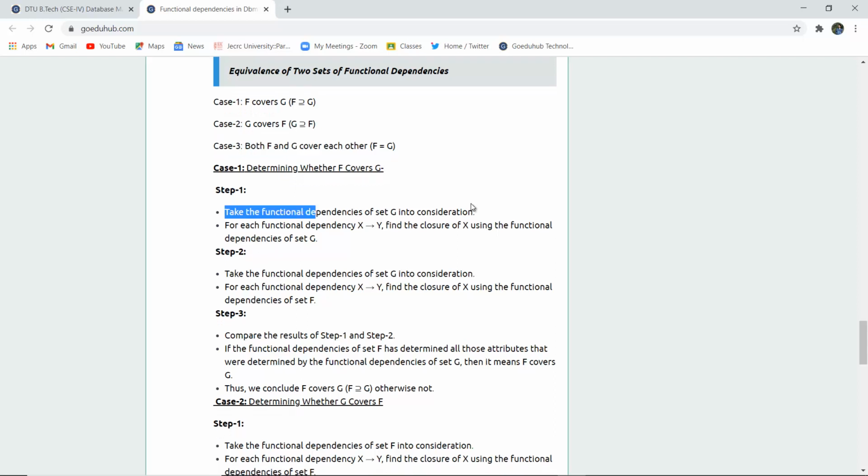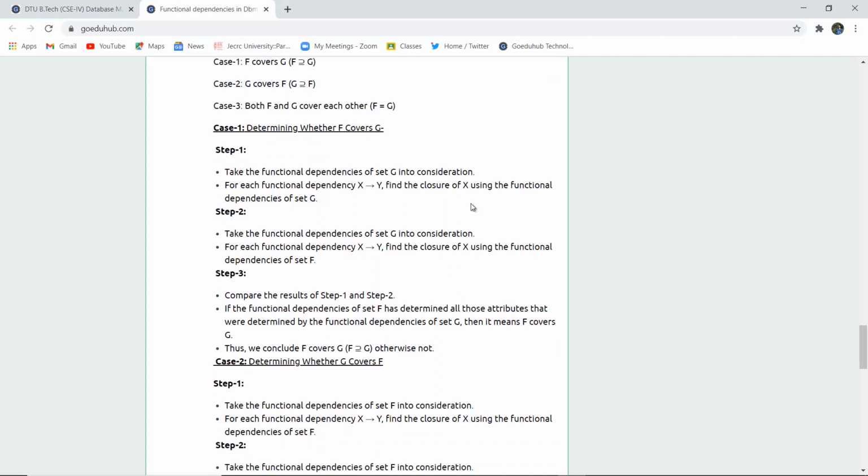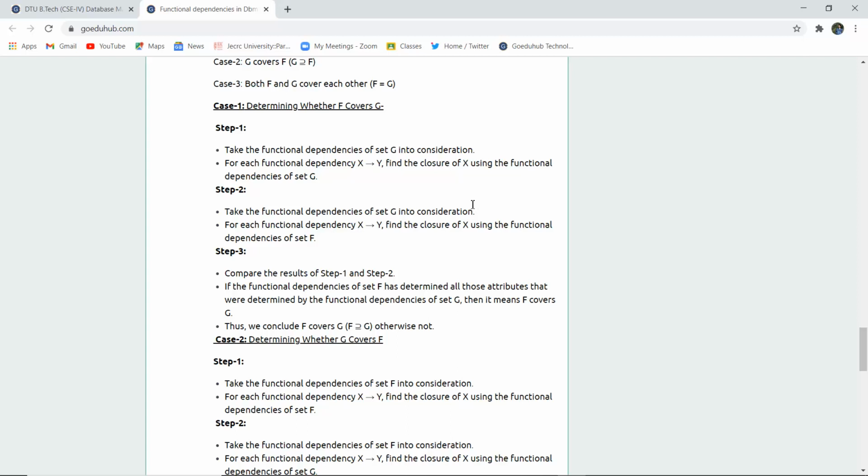So how can we determine whether F covers G? Step 1 is, take the functional dependencies of the set G into consideration. Then for each functional dependency x to y, find the closure of x using the functional dependency set of G. Step 2 is, take the functional dependencies of the set G into consideration.